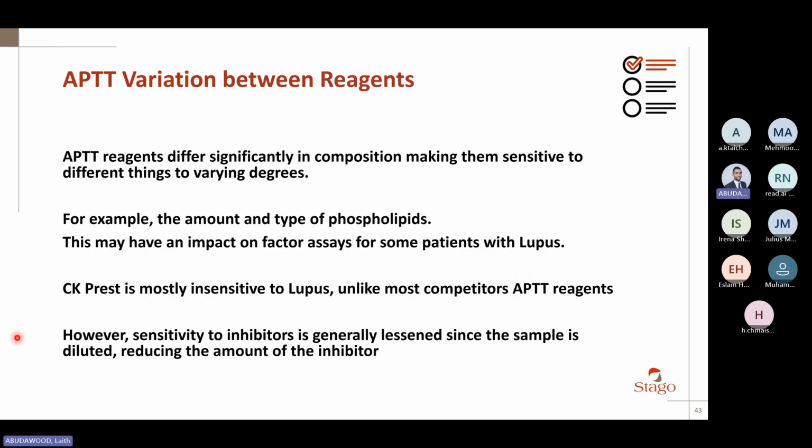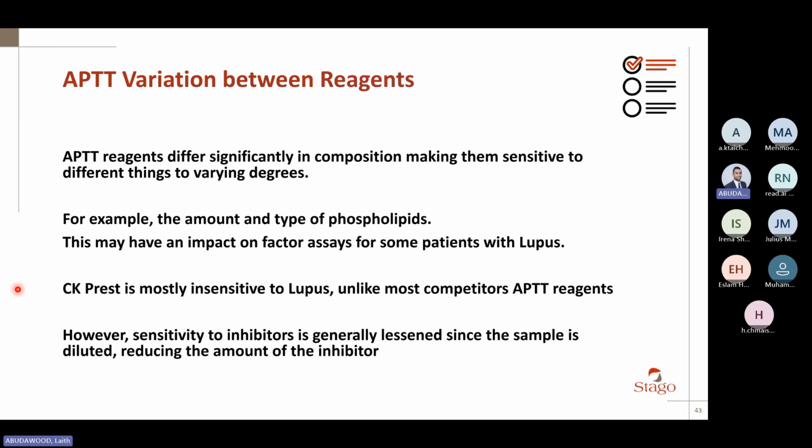Now, this is pretty much a summary of the points that I used to make about APTT, but it's good to re-emphasize these points. What are the differences? There are three main differences between APTT reagents: the type and quantity of phospholipids in the reagent, the sensitivity towards heparin, and finally, the sensitivity towards factor levels.